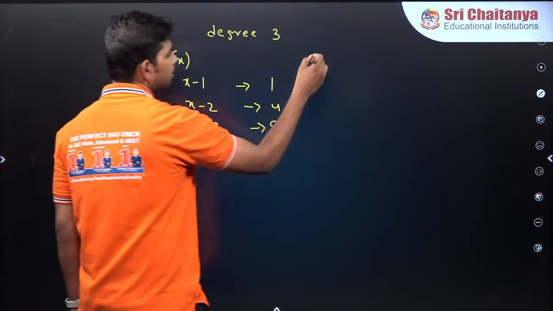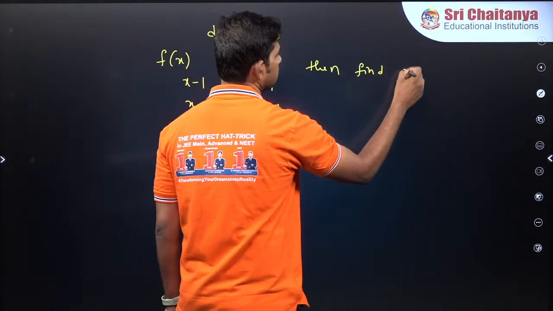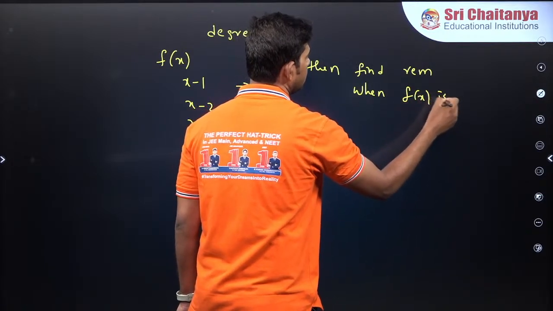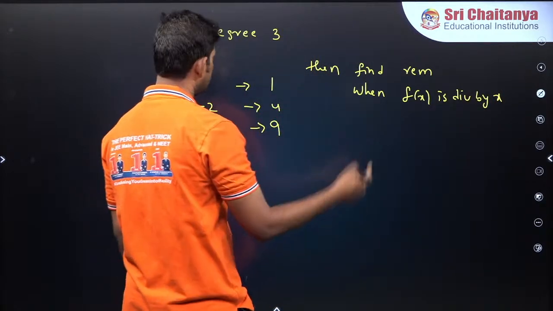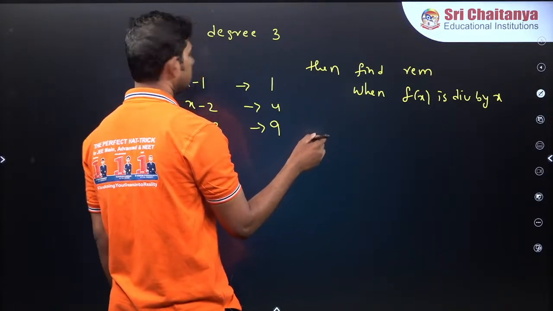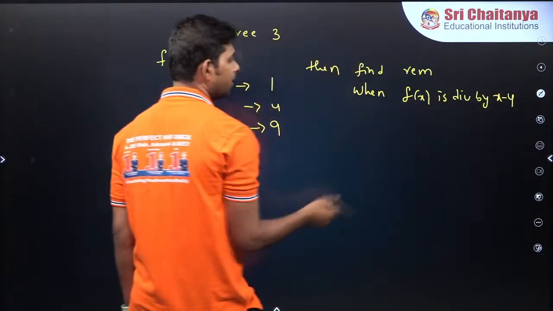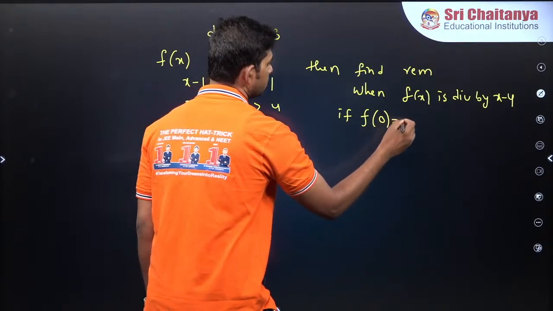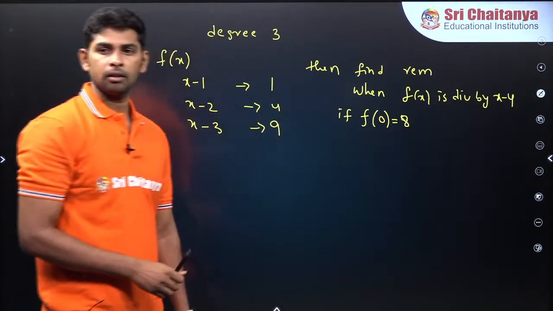Then find the remainder when f of x is divided by x minus 4, if f of 0 is equal to 8. Somewhat difficult. You can find that.